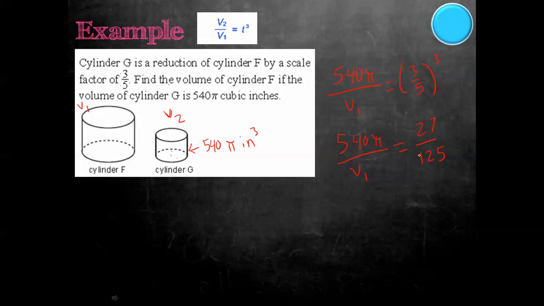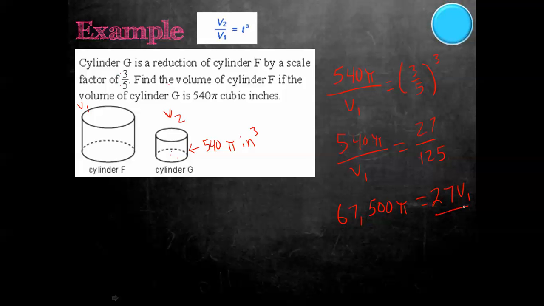Okay, so now we're going to multiply here. We're going to take 125 times 540, which is going to give us 67,500. And then don't forget the pi, right? Because it's got that pi attached to it. Then we have 27 times the volume of number 1, right?